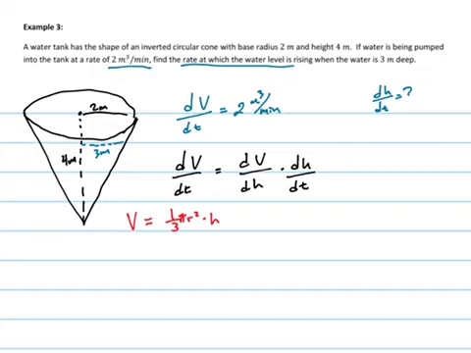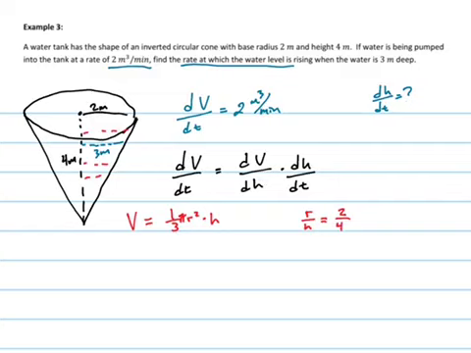So typically this is where we'd start for the volume of a circular cone. But what we want to do is relate the radius to the height. What we notice is no matter where we go in this cone, we always have similar triangles. And so the ratio of the radius to the height is always going to be the same. It's going to be the same at the top of the cone as it is halfway down the cone, and so on. The radius is always the same at the top, like I said, 2 meters to 4 meters.